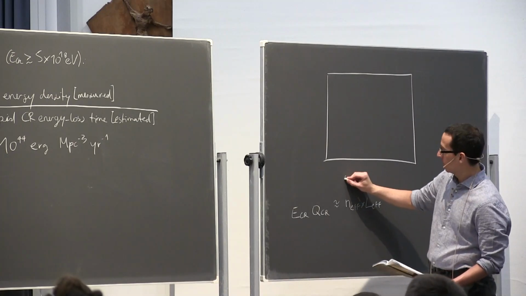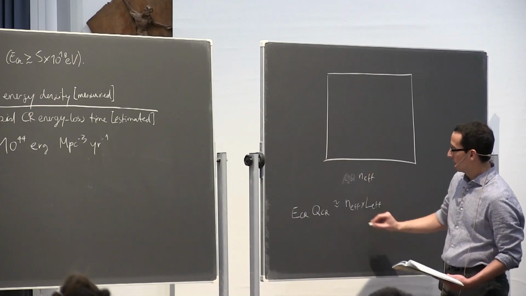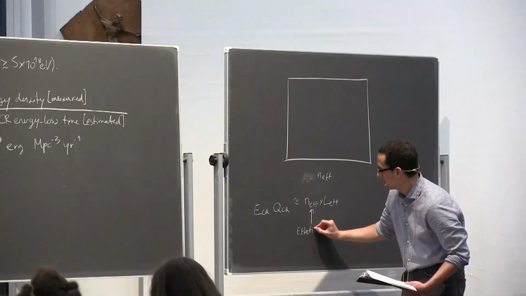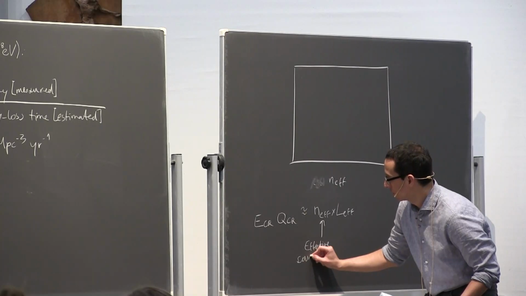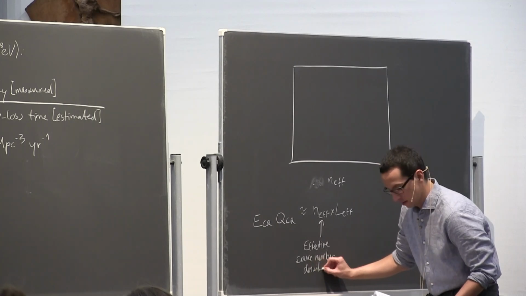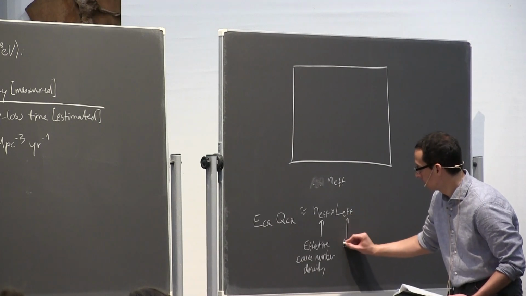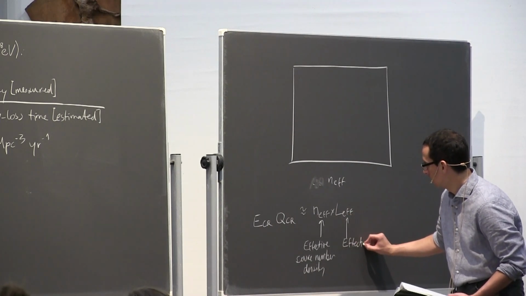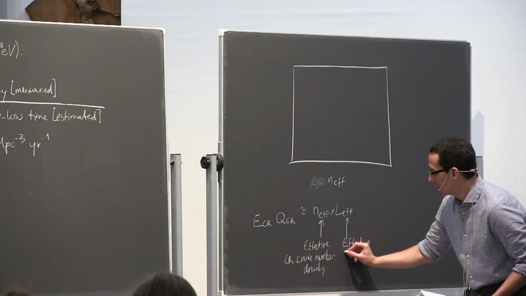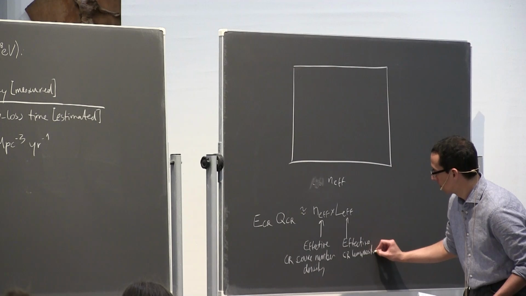Let me actually write it here so you have it. This is the effective cosmic ray source number density. And this is the cosmic ray luminosity per source.